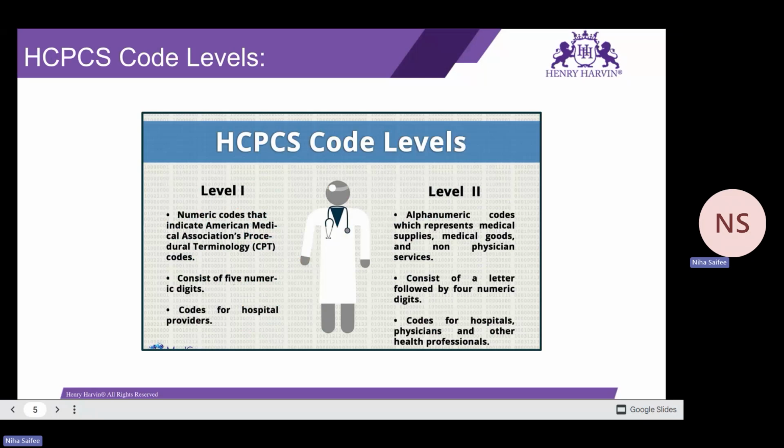The codes are for hospitals, physicians, and other healthcare professionals. Non-healthcare people are also involved, because in level 2 some procedures, medications, and drugs are also included. In CPT, it's only physician services or healthcare professional services. Level 2 is healthcare and non-healthcare, both included.